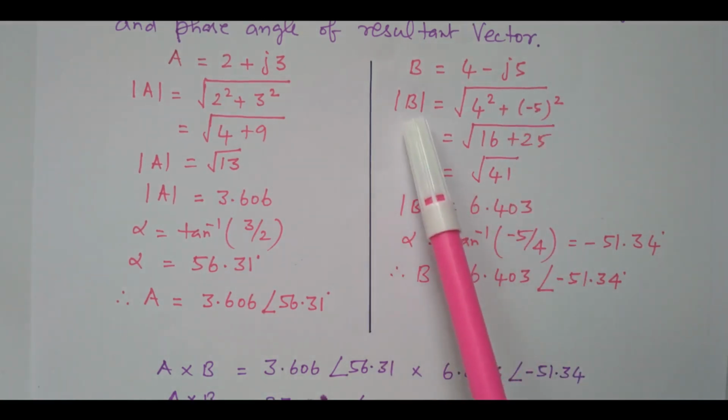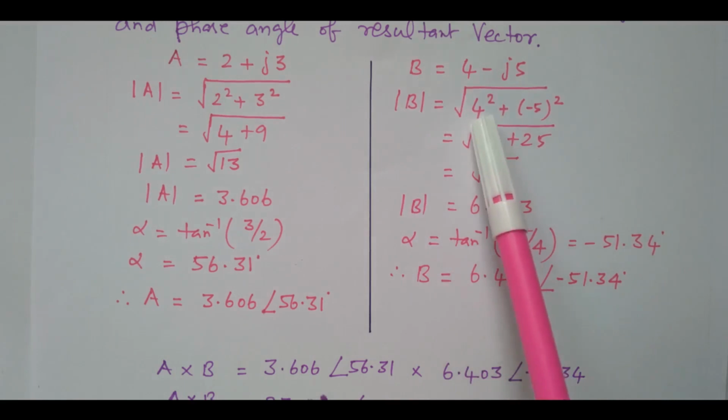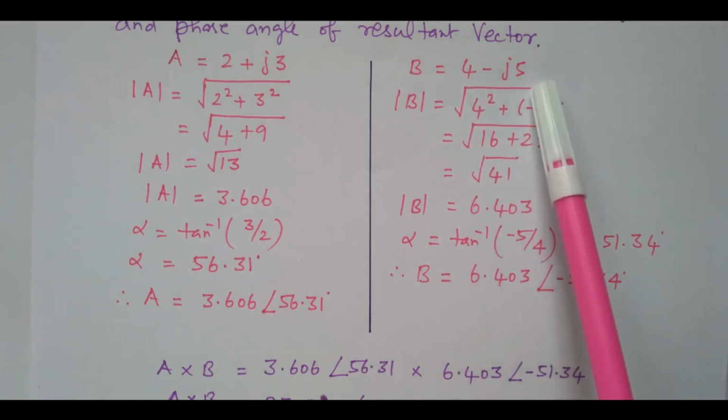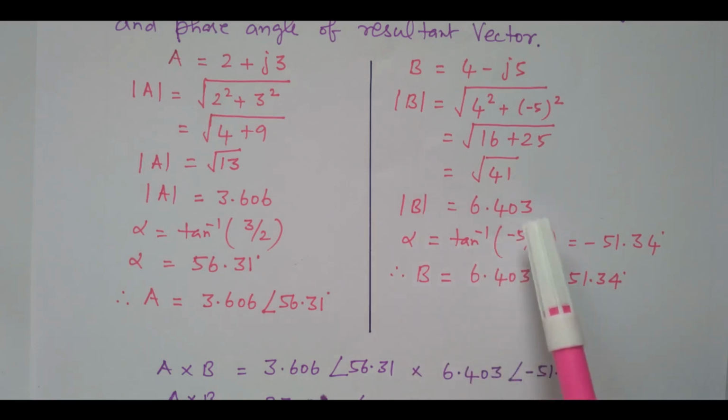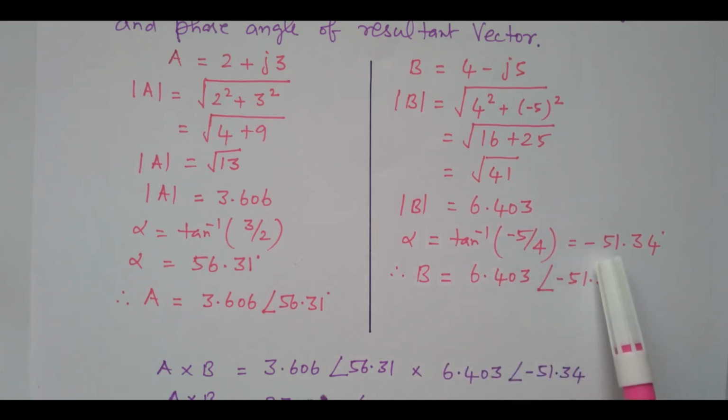First we find the magnitude, the square root of 4 square plus minus 5 square, real term square plus imaginary term square. So the value is 6.403. The angle is tan inverse of imaginary term divided by real term, minus 5 by 4. So it's minus 51.34; due to the negative we got a negative sign.